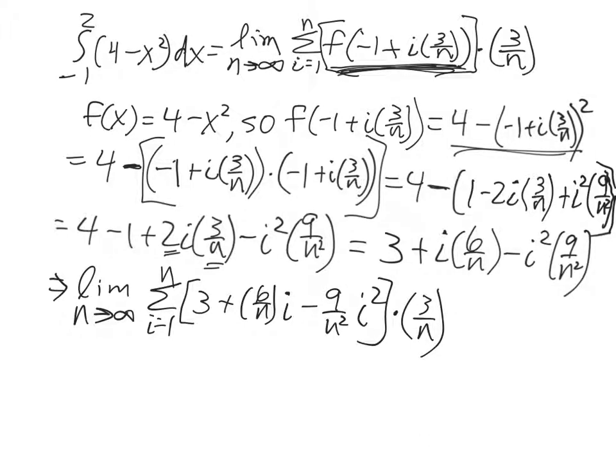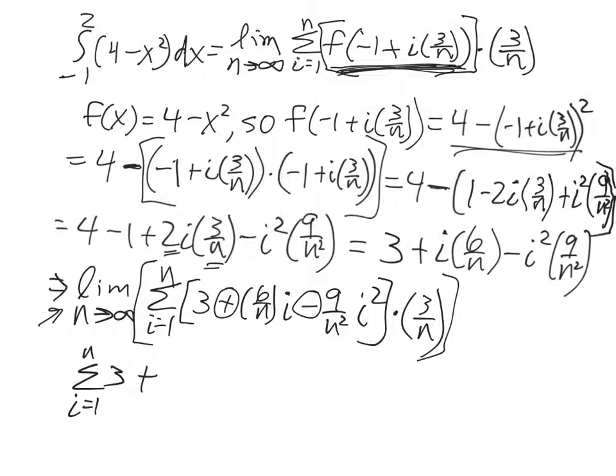Now, we're not going to worry about the limit right now. We're going to look at some summation properties to be able to use those summation formulas we looked at earlier. First of all, the summation properties, anytime we're adding or subtracting inside a summation, we can go ahead and separate those into individual summations.